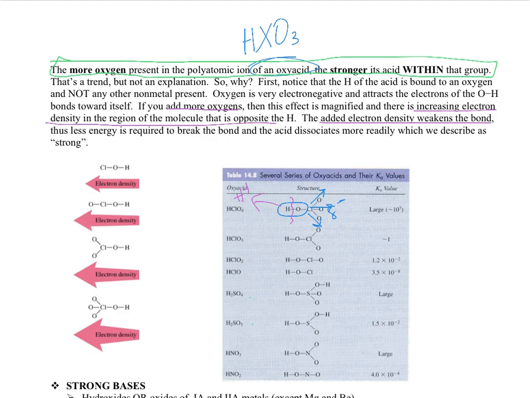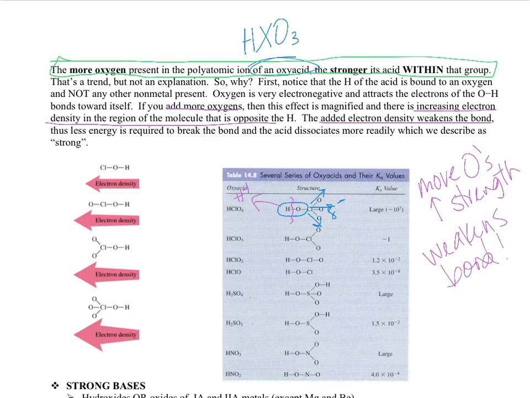That means less energy is needed if it's a weaker bond. So the key here is more oxygens increases the strength because it weakens the bond. Again, a weaker bond means a stronger acid or stronger base, in this case stronger acid.